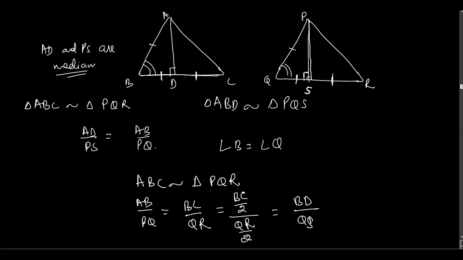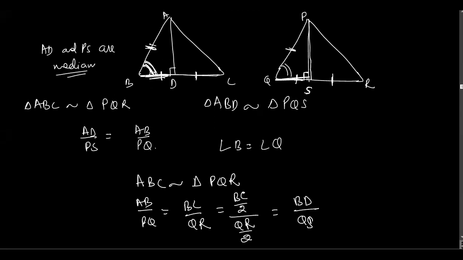So if AB upon PQ is equal to BD upon QS, and their corresponding angles are also equal, then we can simply say that this triangle will be similar to this triangle. Got it?